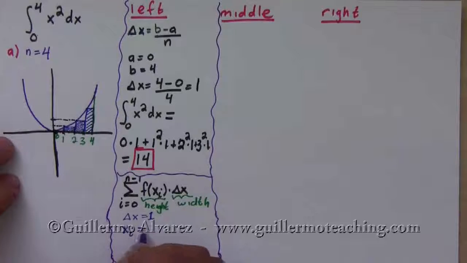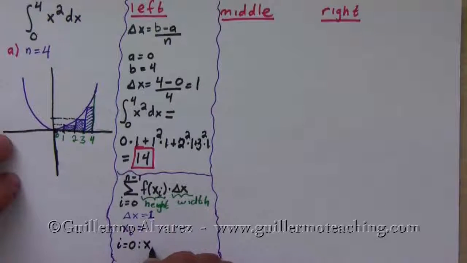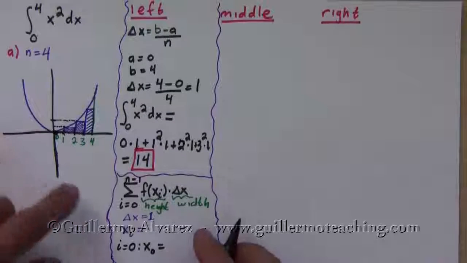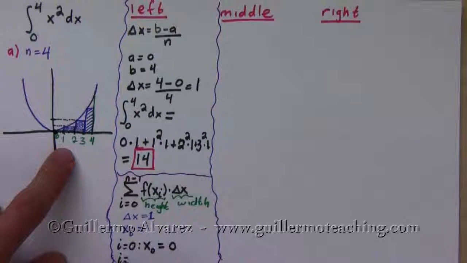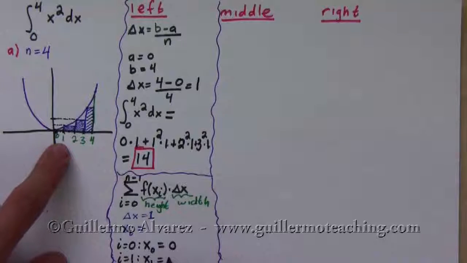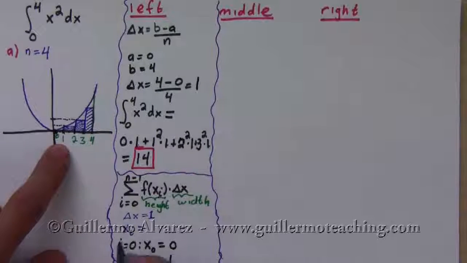Before we come up with the expression, let's write down a couple of things. First, we know that when i is equal to 0, x sub 0 is going to equal the first x value, which is 0. Then when i is equal to 1, x sub 1 is equal to the second x value, which is 1.